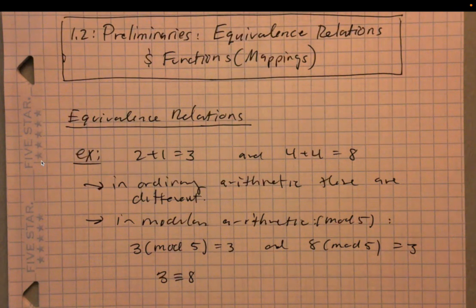All right, so this is just an example. So sometimes things appear different depending on what the context is, and this is a clear example of that. You've got two digits, 3 and 8, which are totally different, seemingly in terms of ordinary arithmetic, but are equivalent to one another in modular arithmetic, mod 5 in particular.